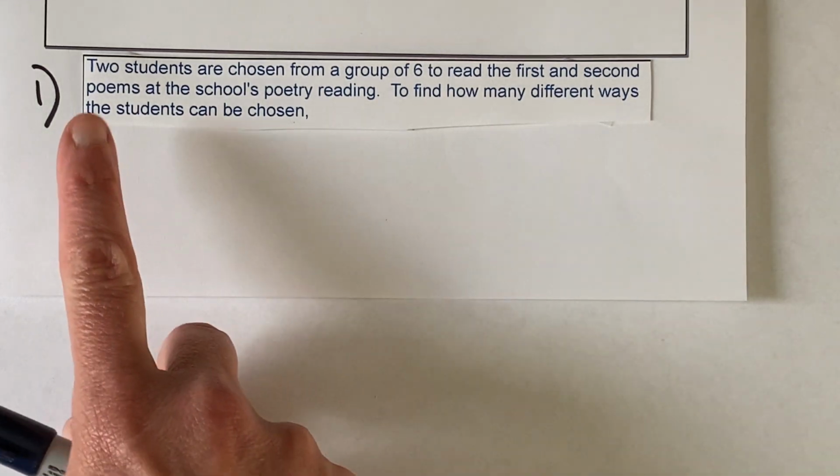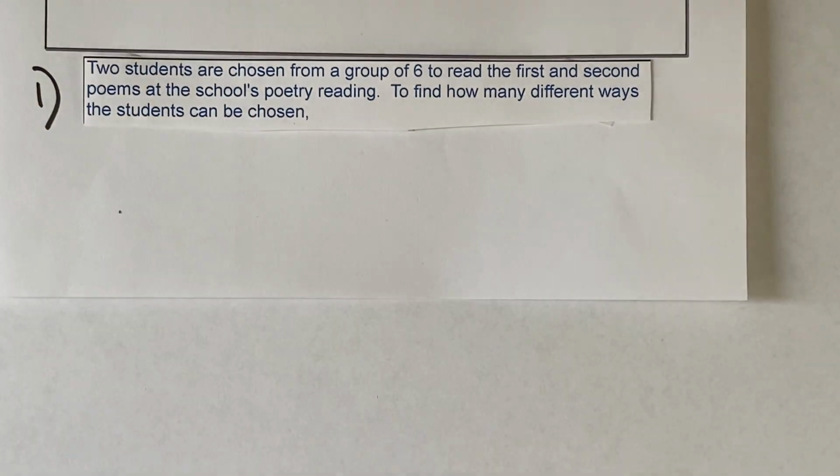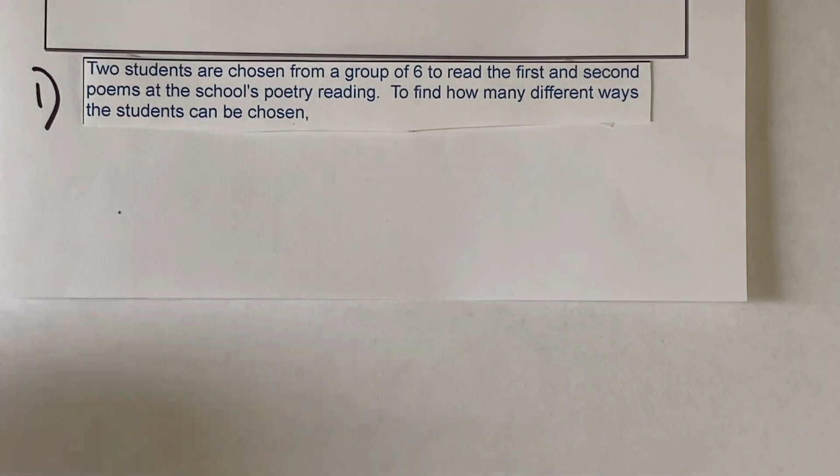Okay, first one of the day. 2 students are chosen from a group of 6 to read the first and second poems in the school poetry reading. To find out how many different ways the students can be chosen, I didn't finish my sentence.